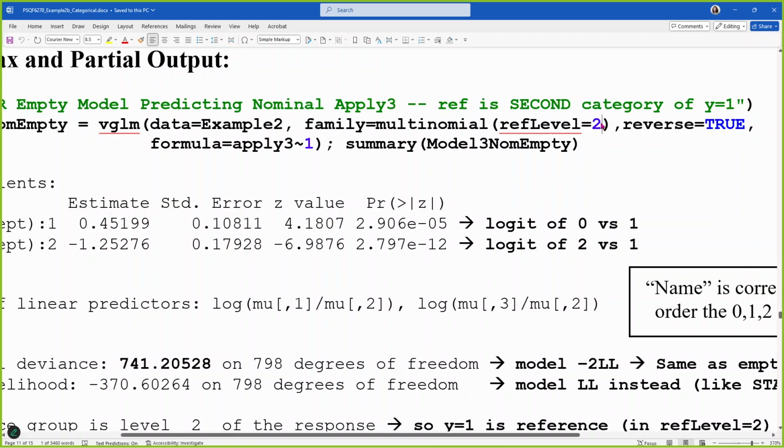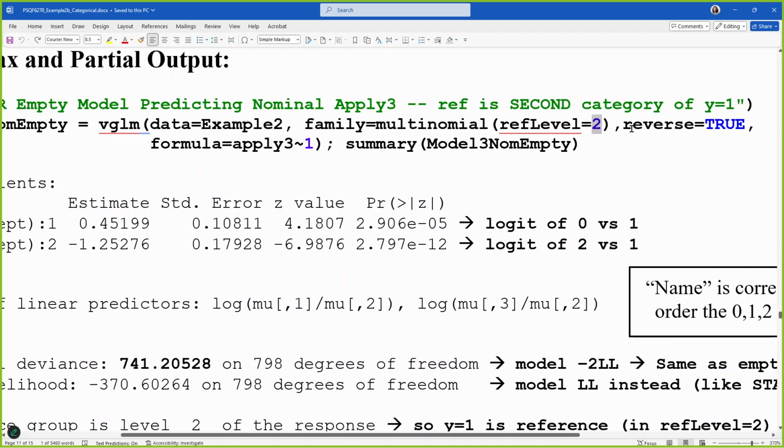When I first ran this and tried to get it to work, I put a 1 here, thinking, well, I want the ref level to be 1, just like I told Stata to do, and nothing matched. Then I started playing around, and I figured out that 2 was the correct answer, because 2 is the second choice in my data set. So this is confusing.